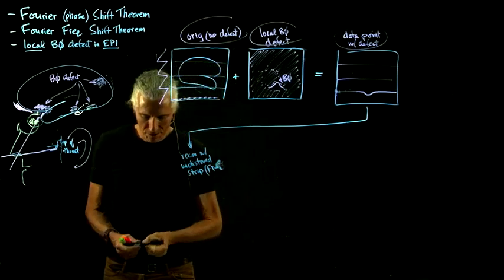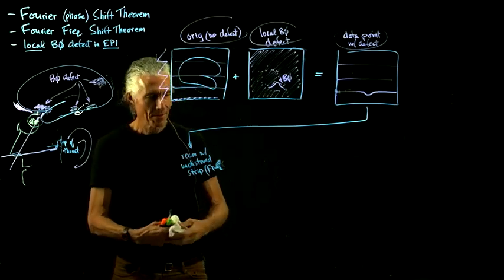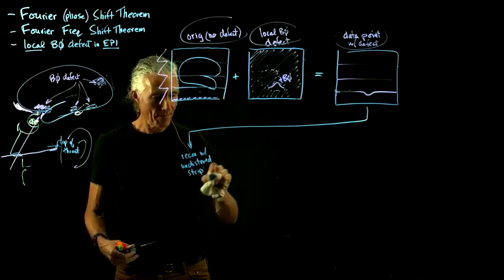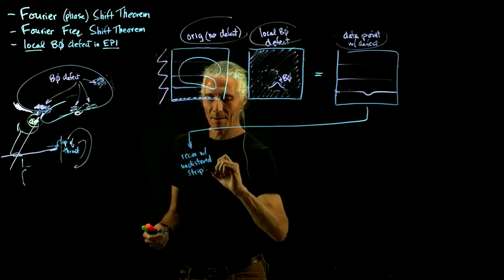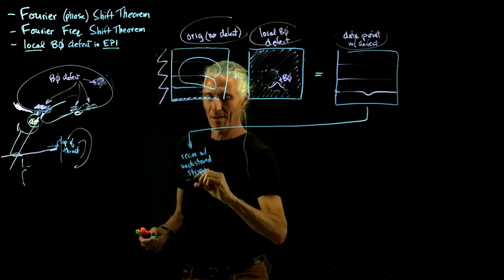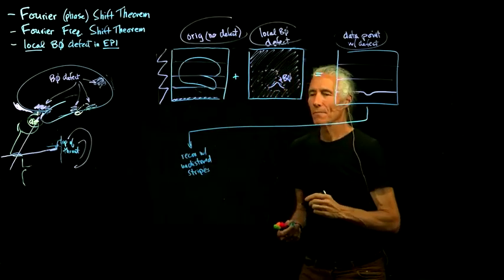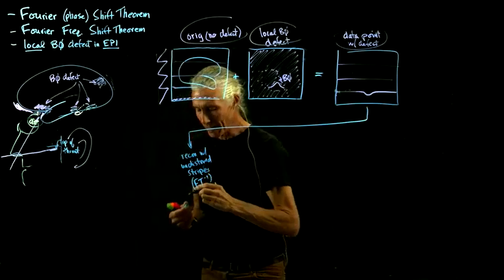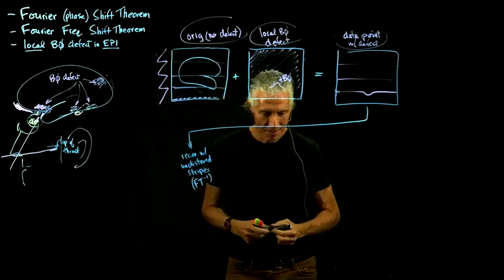So we reconstruct with undistorted stripes, and what would this do? Well, it seems like it should cause a shift, right?